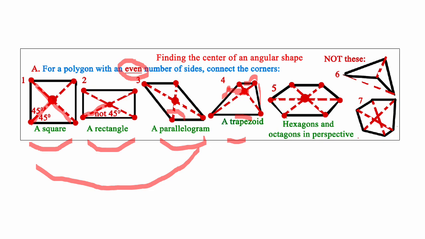Now, for a symmetrical polygon with an even number of sides, diagonals connecting opposite corners intersect in the middle, even if the sides aren't equal, like these hexagons and octagons in perspective. However, this method does not work if the diagonals don't cross or if the polygon isn't symmetrical.